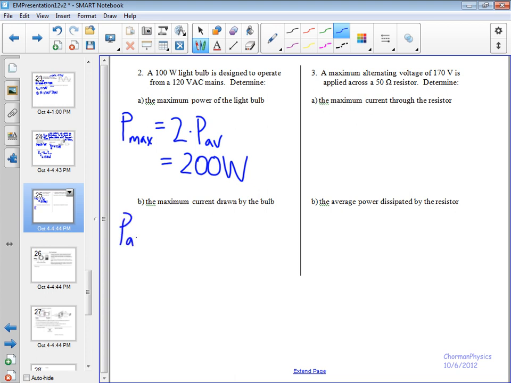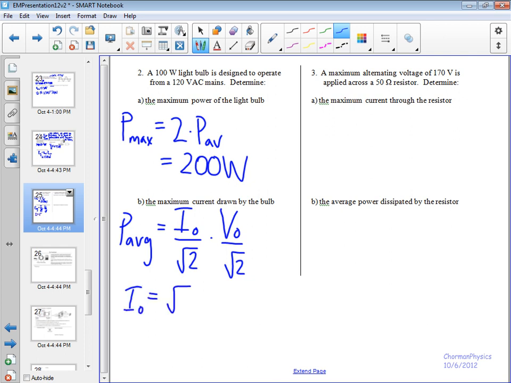The maximum current that is going to be drawn by the bulb: there's a couple different ways we can go about this, but P average is equal to the RMS current times the RMS voltage, and another way of writing both of those is the maximum current divided by square root of 2 times maximum voltage divided by square root of 2.